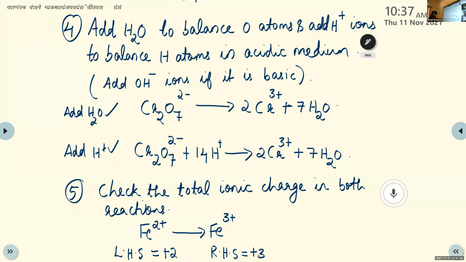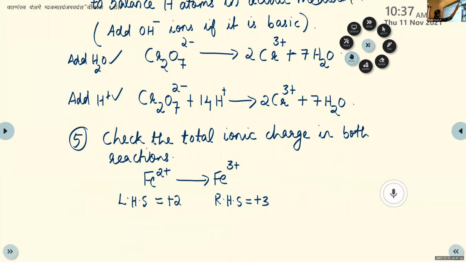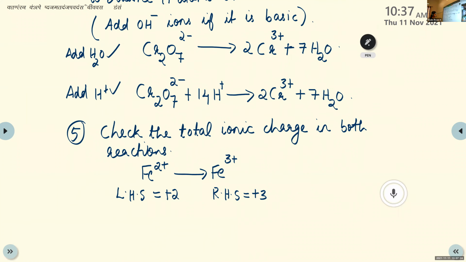Okay. So first we will check the total ionic charge in both the reactions. So here it is +2 and on the right hand side it is +3. So what will we do to balance this one? How can we balance? By adding one electron on the right hand side. Very good.